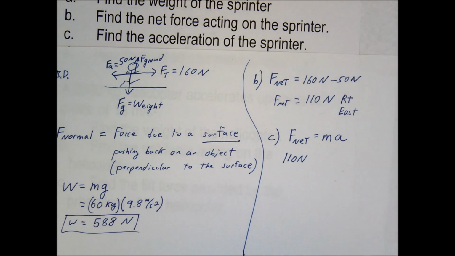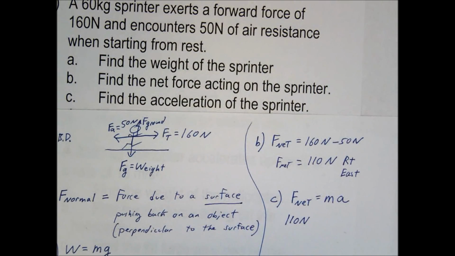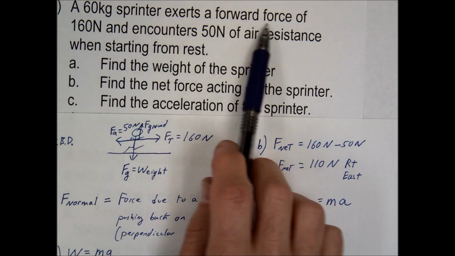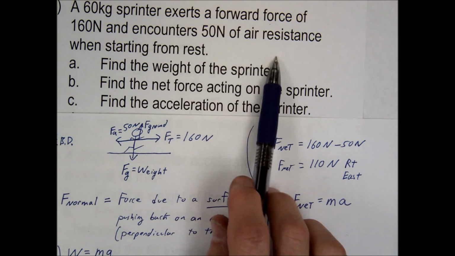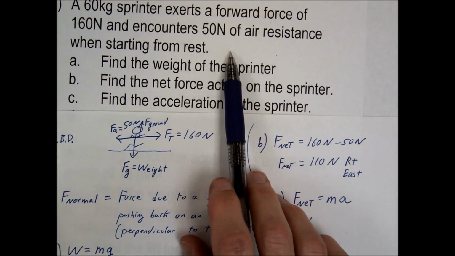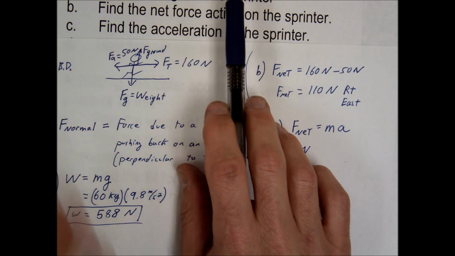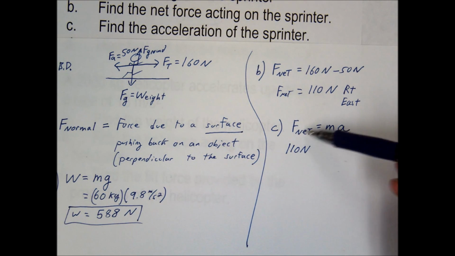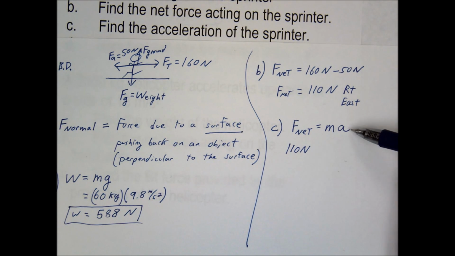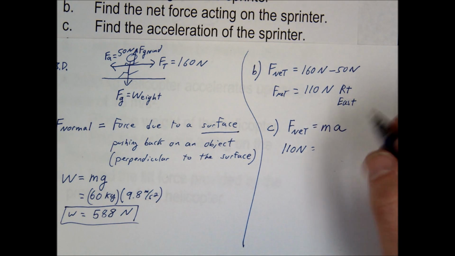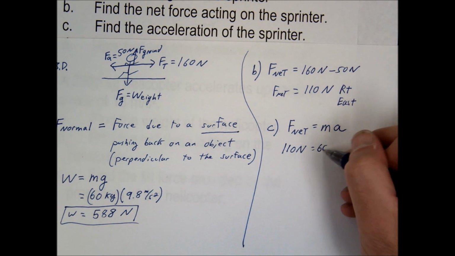You have to be careful in the problems. Sometimes they'll give you the individual forces, the forward force and the air resistance, and sometimes they'll just give you the net force right away. So just make sure you identify. Look for that word net force. If they give it to you right away, you can find the acceleration right away also. So 110 equals, what was our mass? 60 times A.